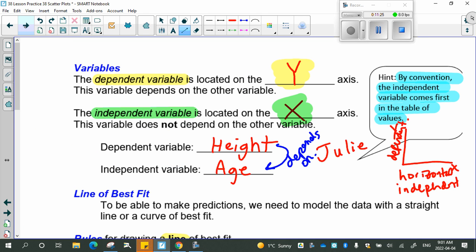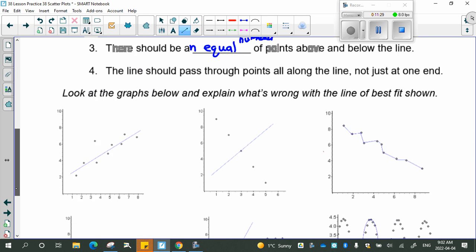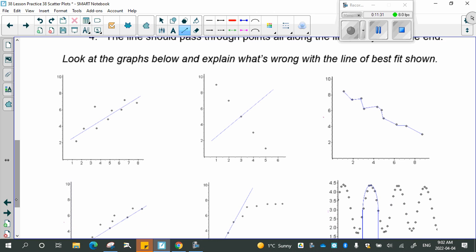Okay. All right, so now we're going to look at the graphs below and explain what's wrong with the line of best fit shown. All right, so if we look at the first graph, number 1. Can you tell me what's wrong with the line of best fit? It looks pretty good, but what do you think's wrong with it?